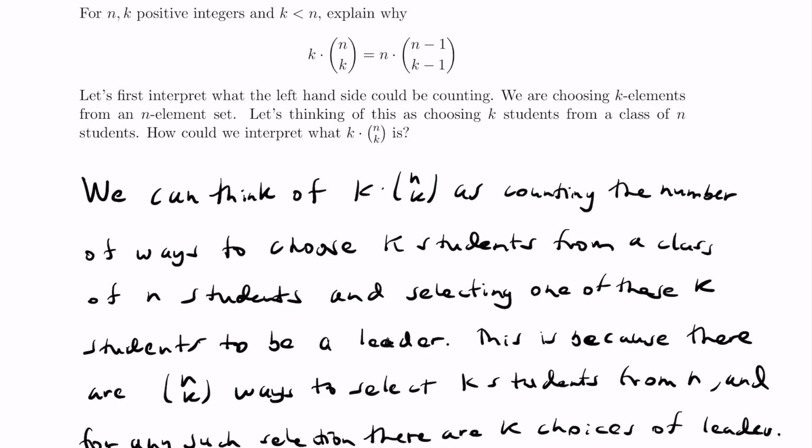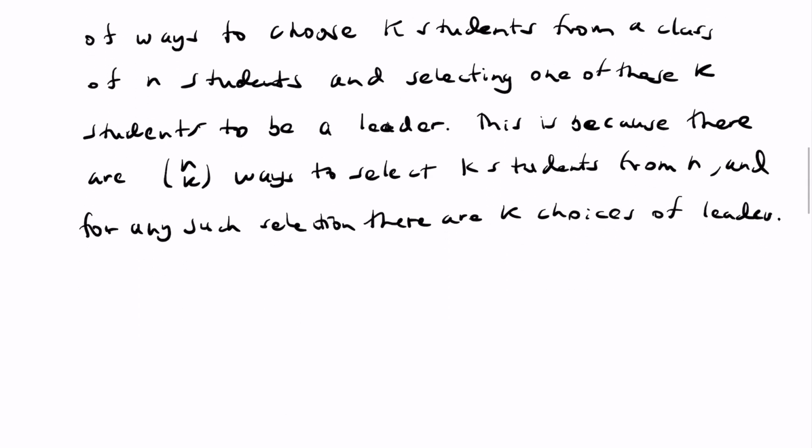A reason why it might be reasonable to think that this approach would give us something near this is because if we select the leader first, we actually select the leader from the entire class of n students, and so we'll get n possible ways of doing this. Okay, so let's see how the rest of this transpires if we use that interpretation to count.